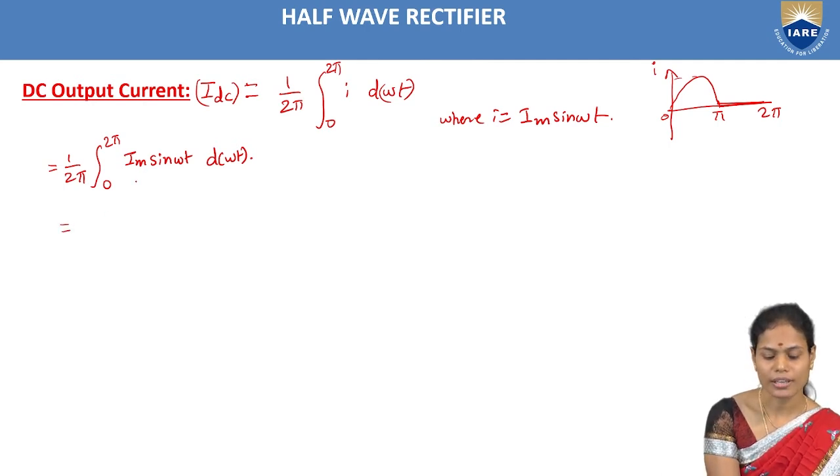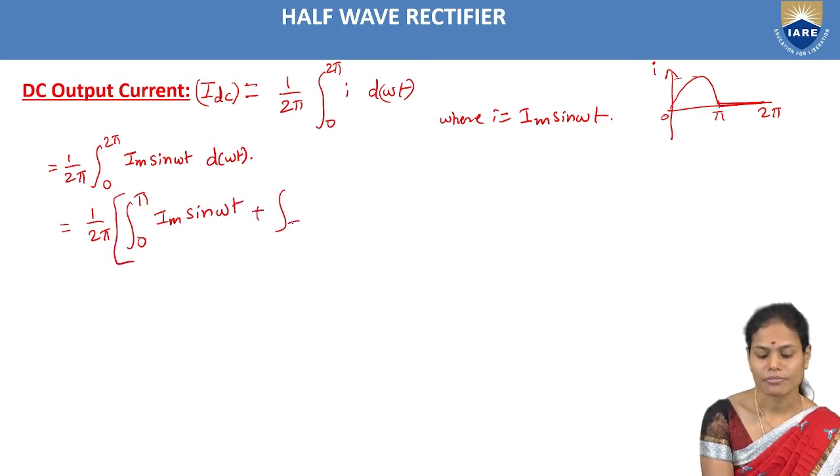So we can write it as 1 by 2 pi integral from 0 to pi of Im sin omega t, plus from pi to 2 pi this value is 0.